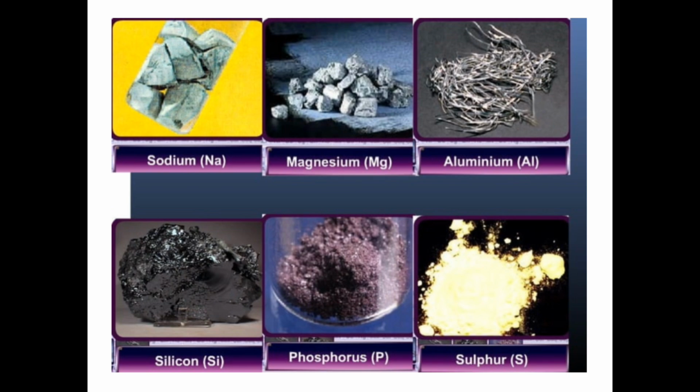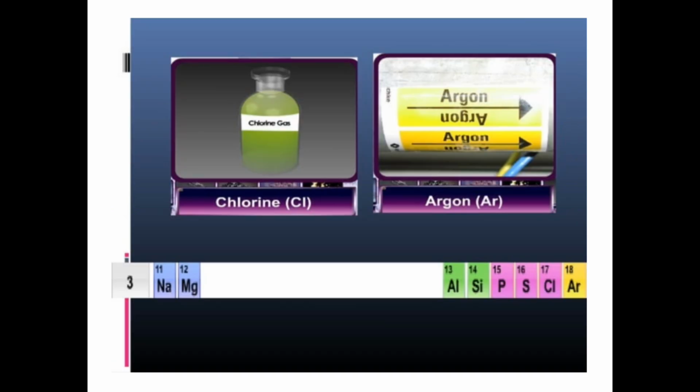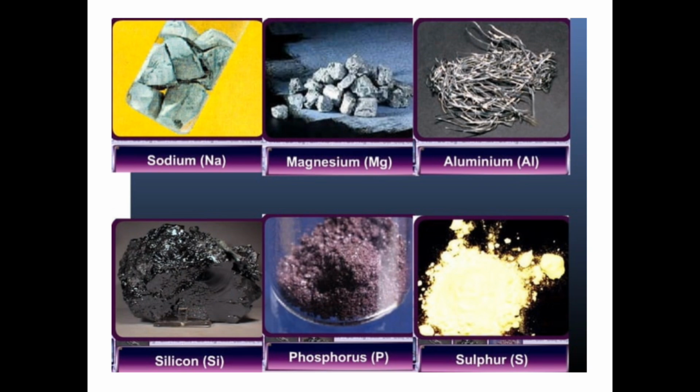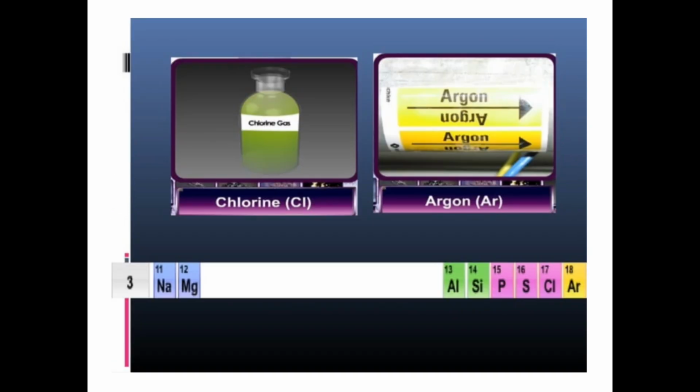You can see aluminium also metallic gray or silver color, as the case may be. So you see chlorine, a greenish yellow gas, and argon there. So these are various colors of the elements in period 3.